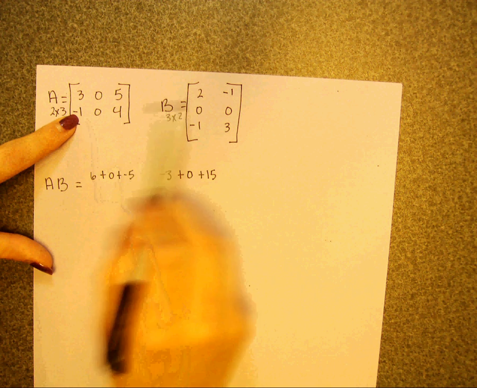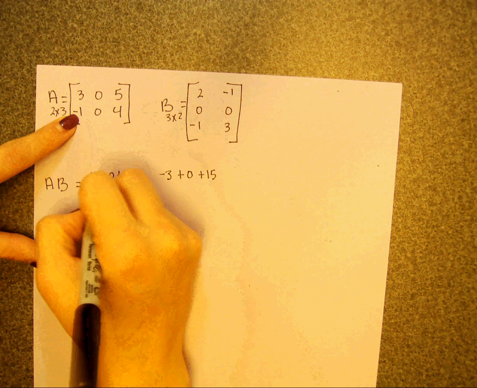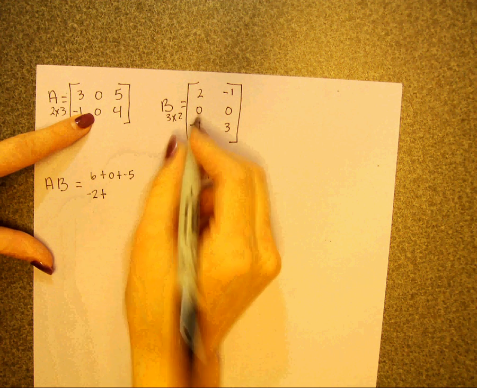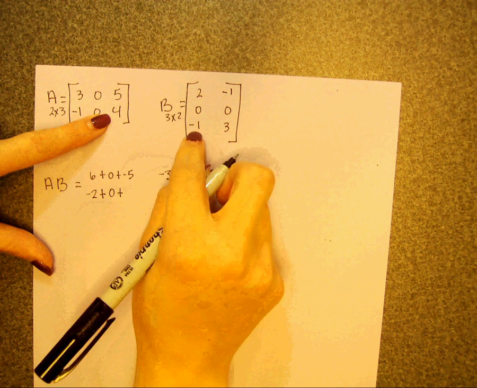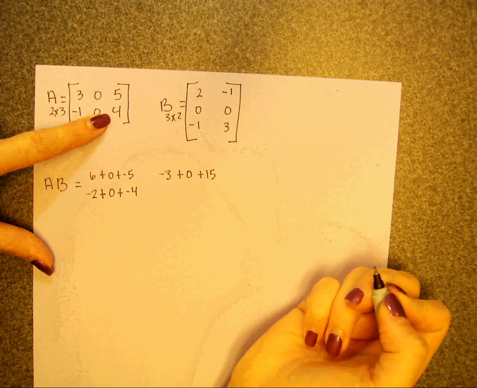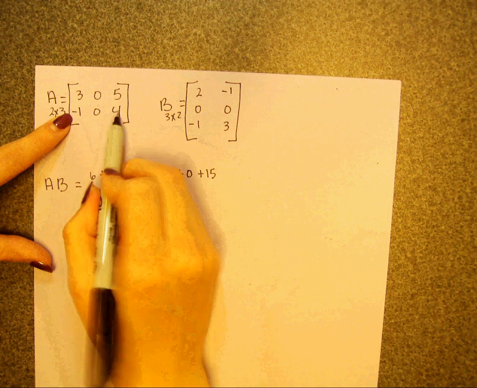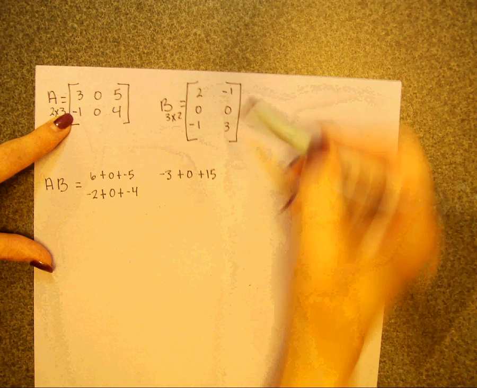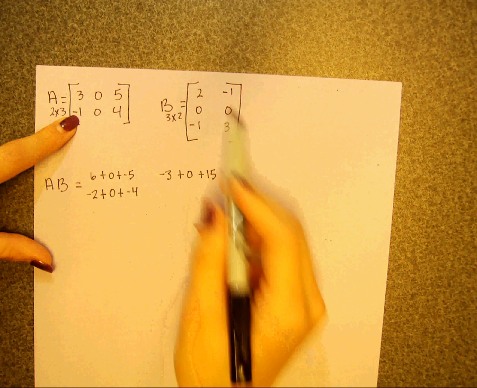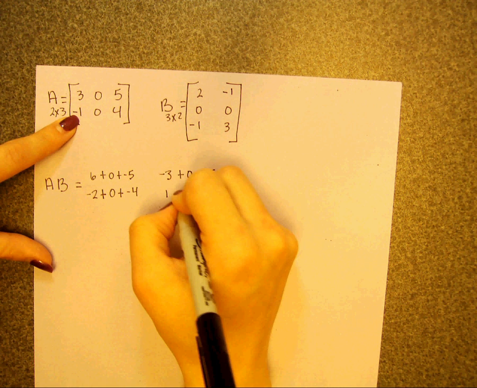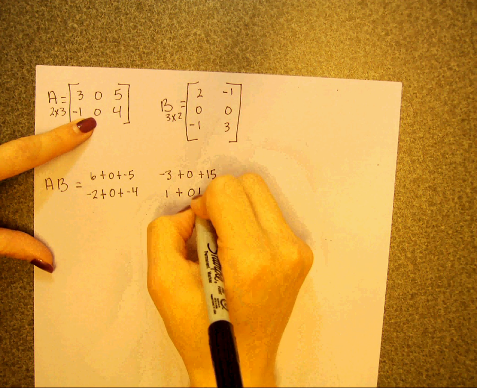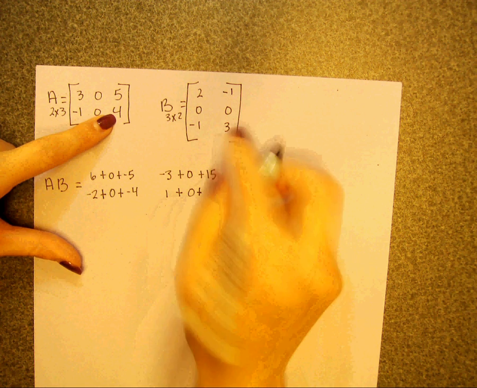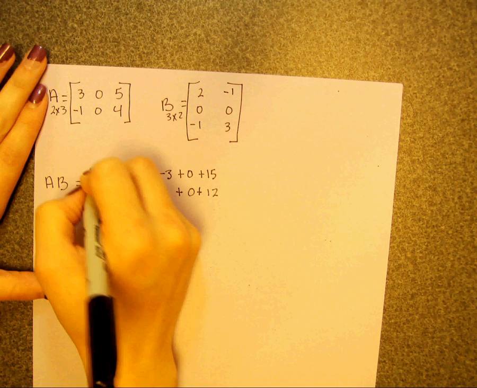So -1 times 2 gives me -2, plus 0 times 0 gives me 0, plus 4 times -1 gives me -4. And now I'm going to take that second row and multiply it times the second column to get my last number. -1 times -1 is +1, plus 0 times 0 gives me 0, plus 4 times 3 gives me 12.